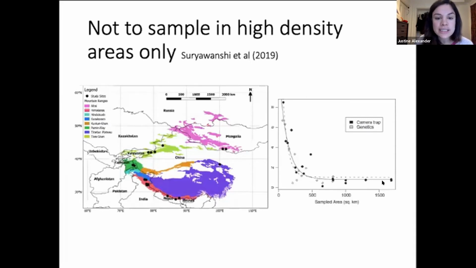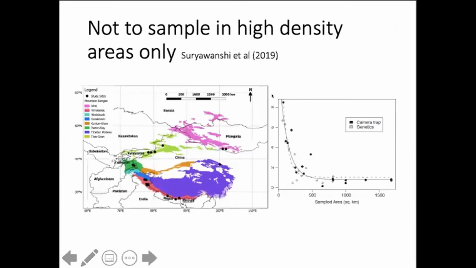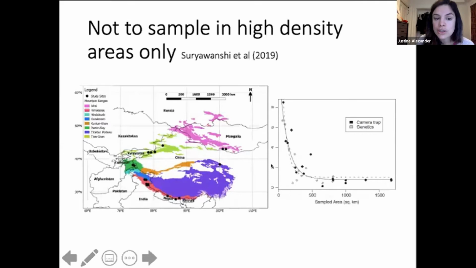You can see here, if the study area is very small, the estimate of density tends to be much larger, versus larger study areas for snow leopard camera trapping, where the density tends to be estimated as much smaller. This publication underscores the problem of reporting uncharacteristically high densities for studies that are mainly focused in small areas. And this is most likely a function of selecting the best habitats.